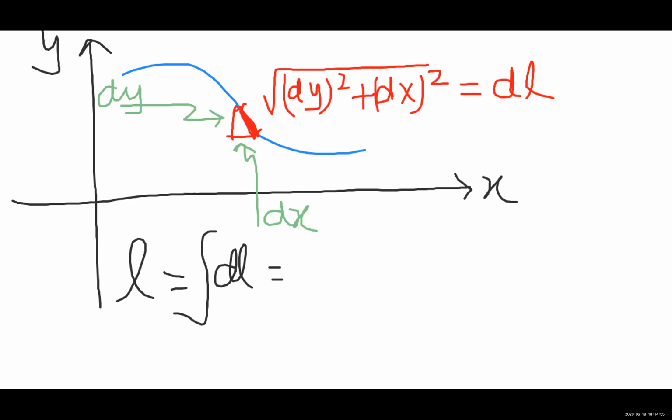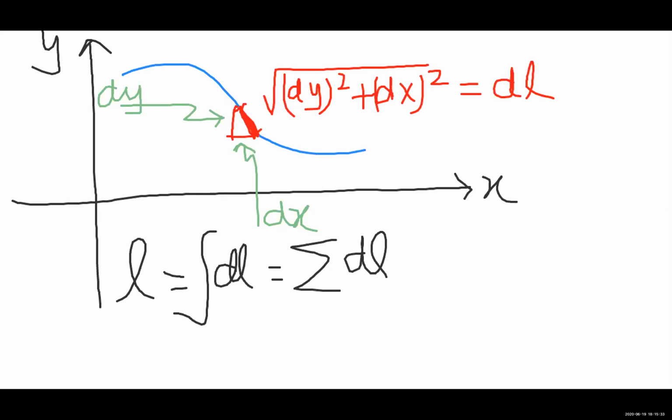And since I am dealing with dl, I am guaranteed that this collection of straight lines would be a perfect fit for the curve. Integration of y dx means area under the curve. This is integration of dl, so integration of dl means summation of dl, right?